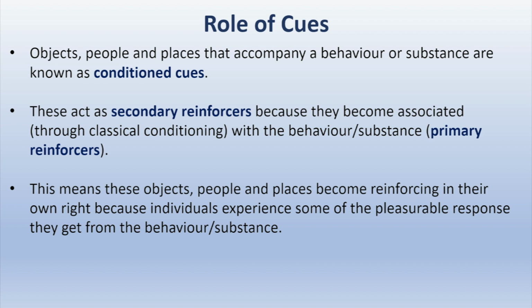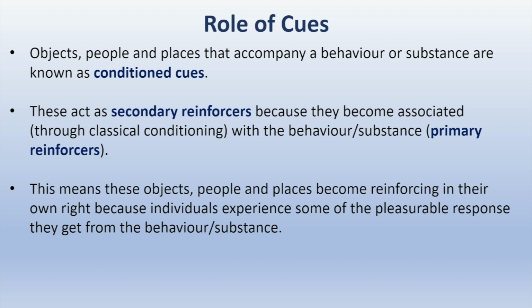You might still get a little bit of a buzz when you see that lighter because you associate that with smoking. So this sentence is really important here. So this means these objects, people and places become reinforcing in their own right because individuals experience some of the pleasurable response they get from the behaviour.